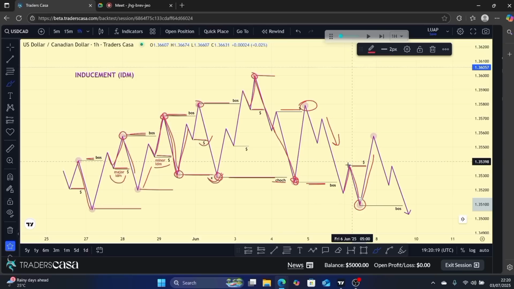Maybe it ended up filling the fair value gaps, mitigating some POI here, and after that price reversed all the way down here, breaking past our swing point, confirming a valid break of structure. So now everything, the explanation, is easy.